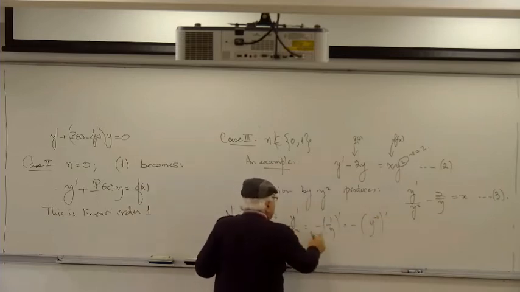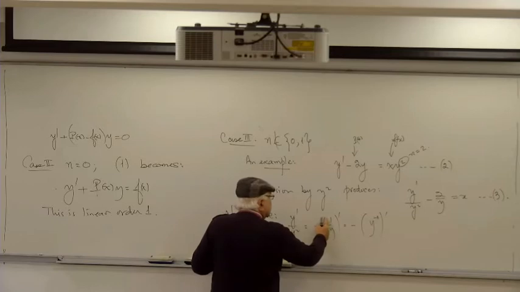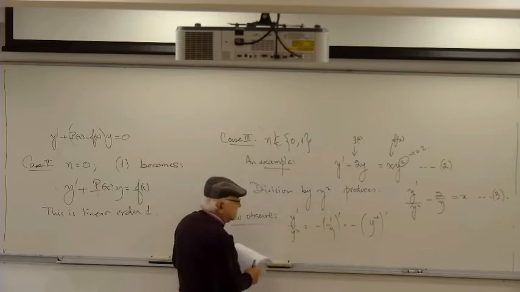The justification for this is that the derivative of 1 over y is, of course, minus 1 over y squared times y prime, using the chain rule.